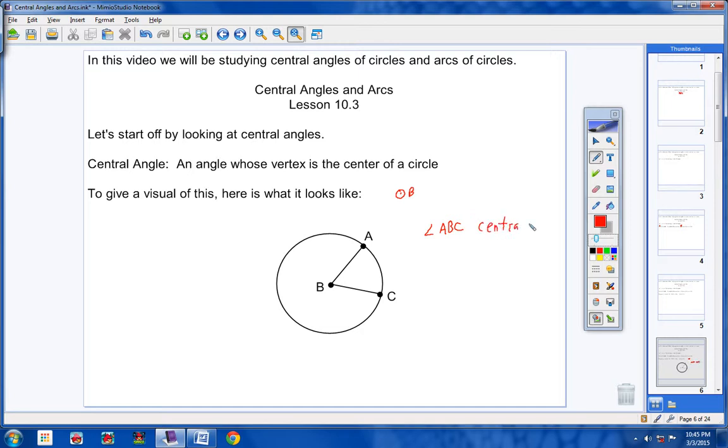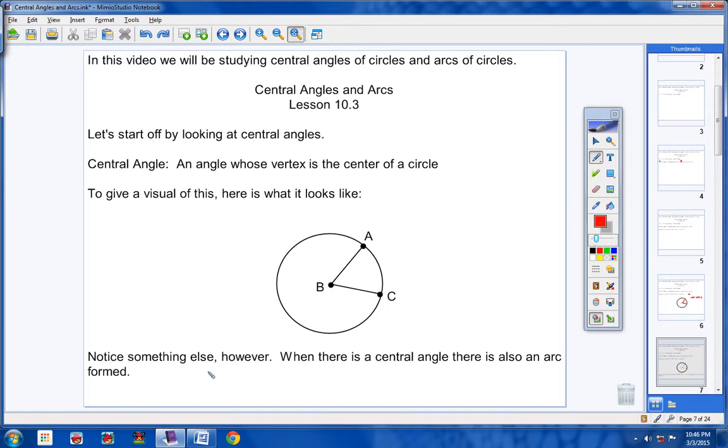And do you see why? Here's the center of the circle right here. And the vertex of the angle, this part right here, is at the center of the circle. So we call this a central angle. They can be small, or they can be a very large angle like this. Okay? So, this is what we call a central angle.